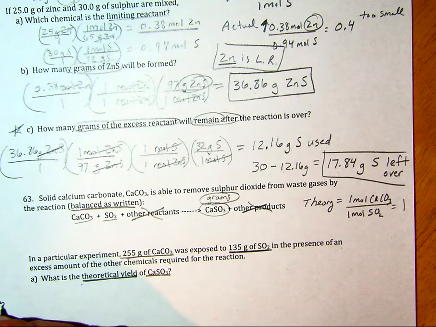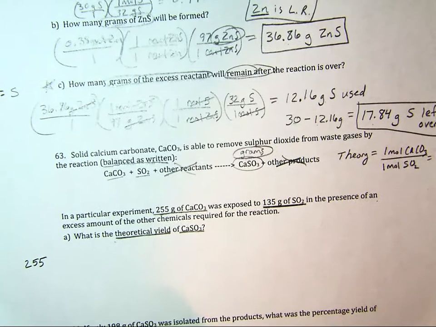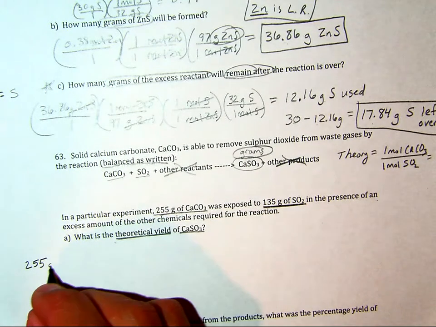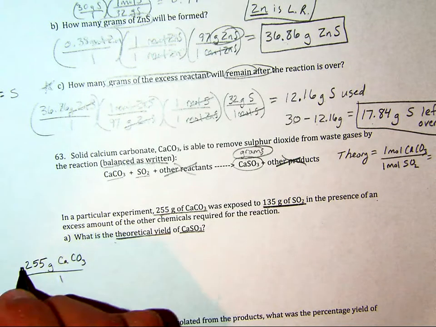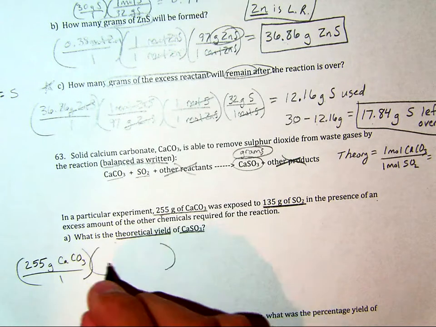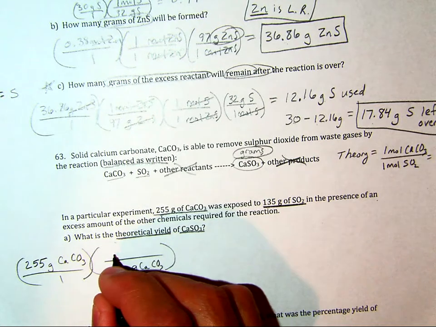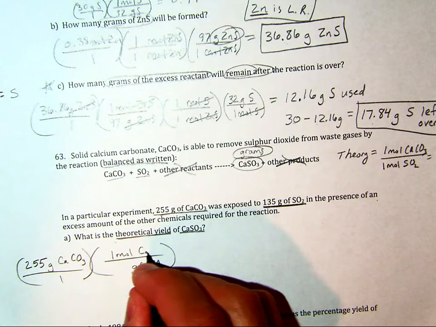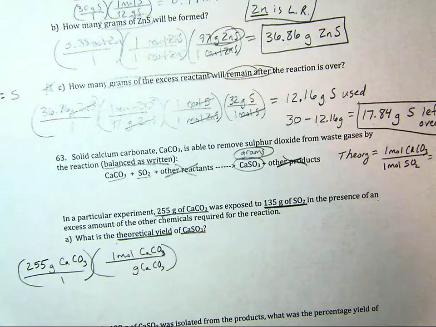So 255 grams of calcium carbonate, put it over 1. Let's quickly switch this to moles. Grams of calcium carbonate's got to go on bottom, and 1 mole of calcium carbonate goes on top. So now be careful, all we need is a molar mass. So in 1 mole, how many grams is that? That's the molar mass.